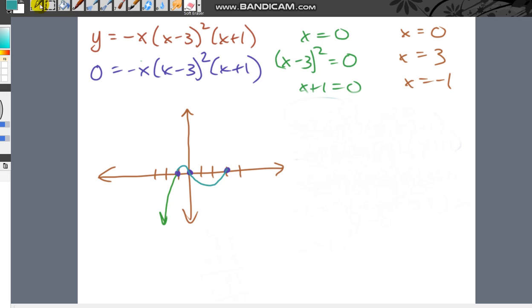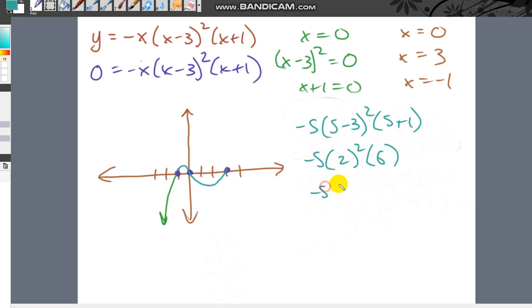Okay, and then let's do one more. We want to choose something that's greater than 3. Let's try 5. We have -5 times (5 minus 3) squared times (5 plus 1), so -5 times 2 squared times 6, which is -5 times 4 times 6.